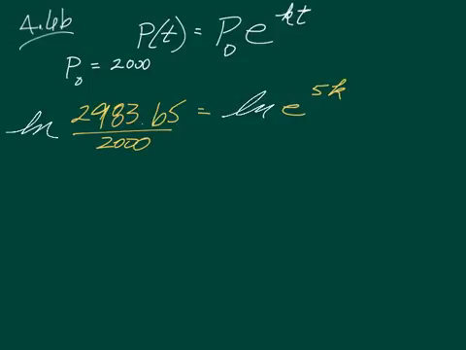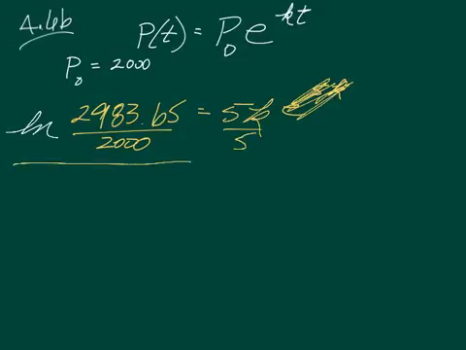When I take the natural logarithm of that, the e goes away and it just becomes 5k. So I'm going to divide both sides by 5, that goes away, and I have my k.